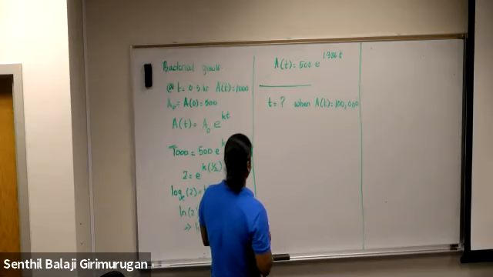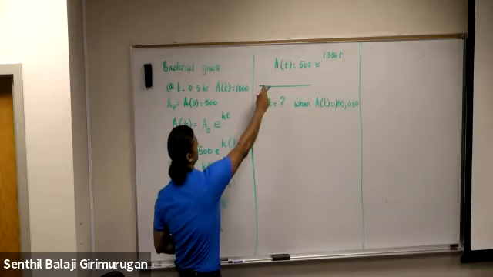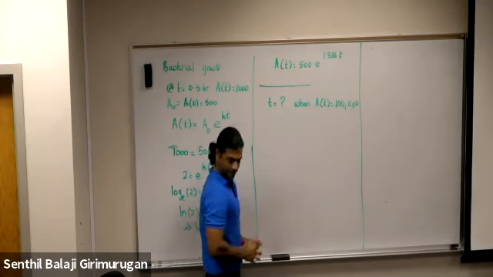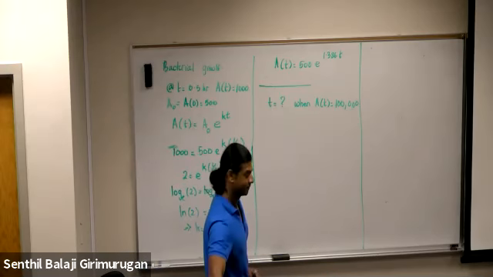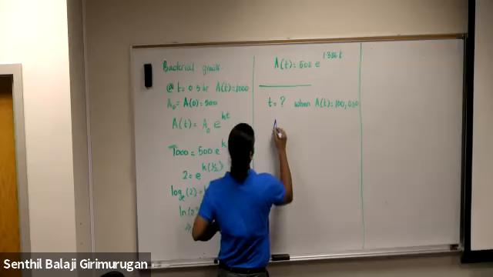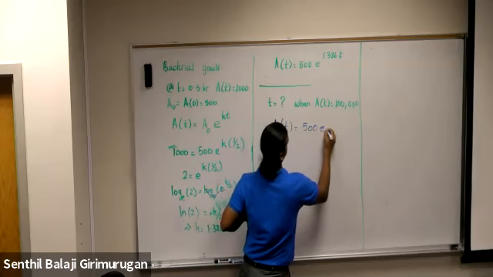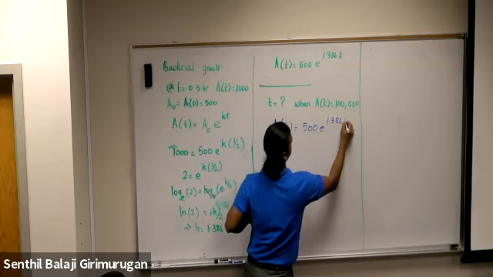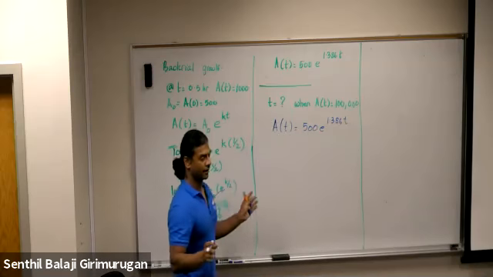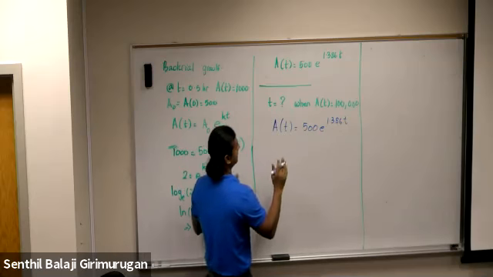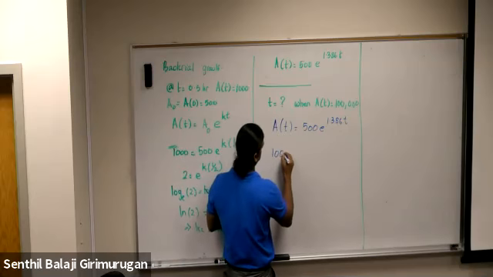So we need to get 3.82, but our new model here is A of t equals 500 e raised to 1.386t. We're going to take away all kinds of guesswork and get to the answer directly using logarithms.